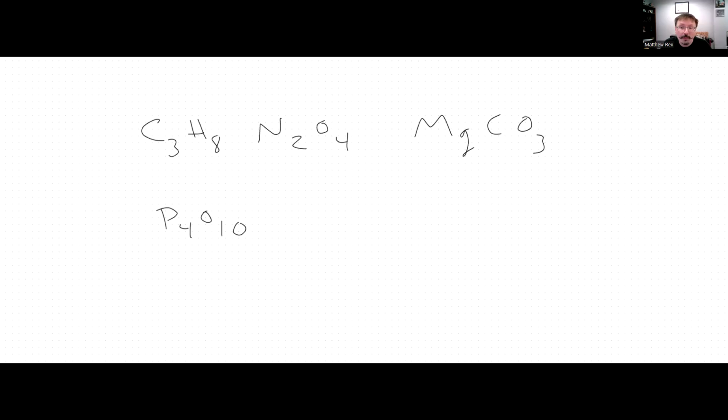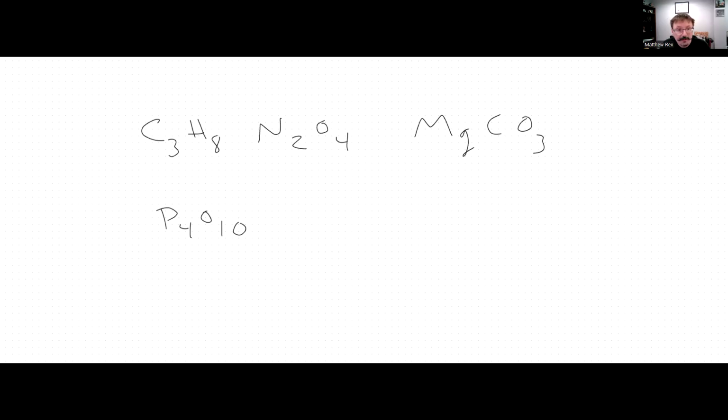Select which compound is ionic. So we have C3H8N2O4, MgCO3, and P4O10. So remember, for ionic compounds, we want a metal and a non-metal, or we want to see a metal and a polyatomic ion, or a polyatomic ion and a non-metal.